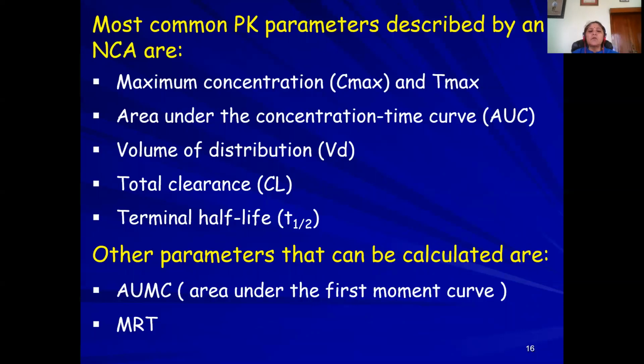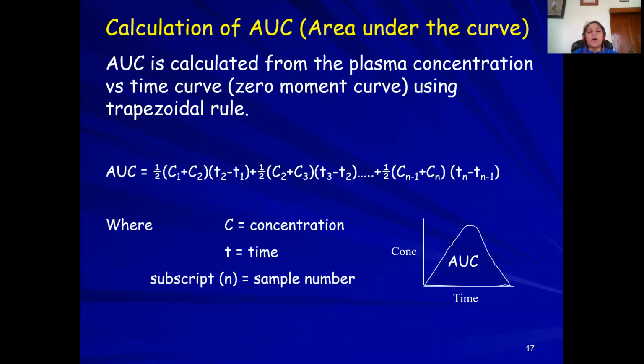Total clearance, TCL, as well as terminal half-life or the biological half-life T half also could be calculated from certain equations. The other parameters that could be calculated are AUMC, that is the area under the first moment curve, and the MRT. Let's see how AUC can be calculated.